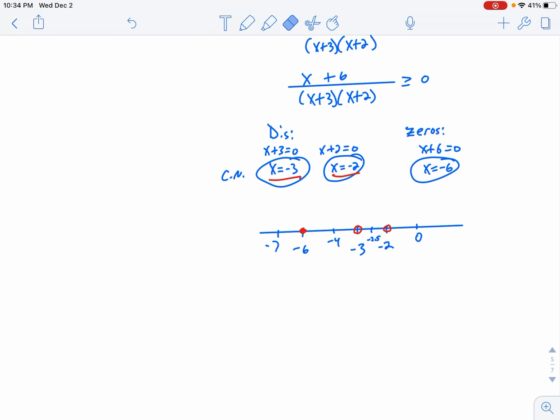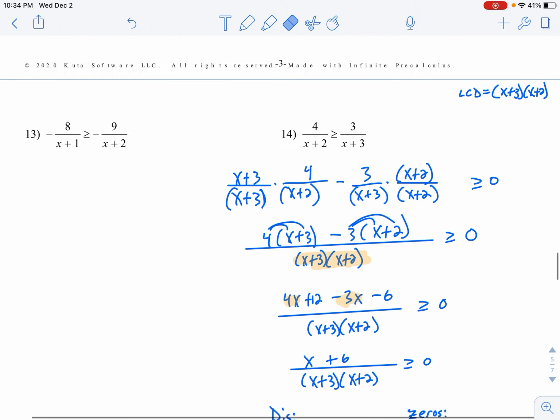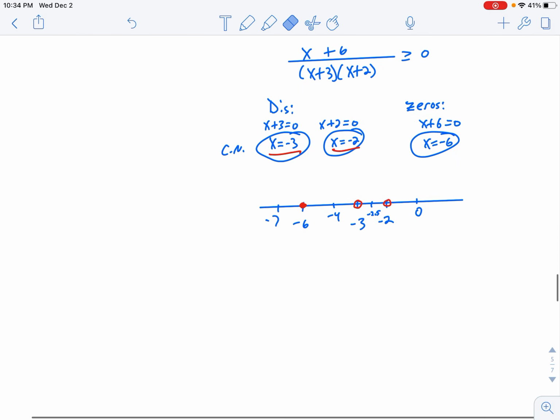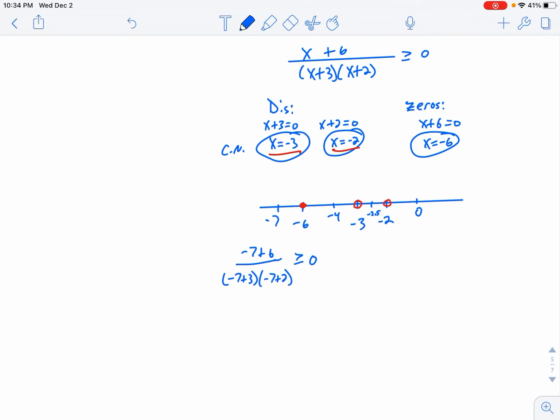Now we're going to plug those into, not the original. I mean, you could, but if we plug it in right there, it's going to be a lot better. So negative 7 plus 6 over negative 7 plus 3, negative 7 plus 2. Is that greater than or equal to 0?